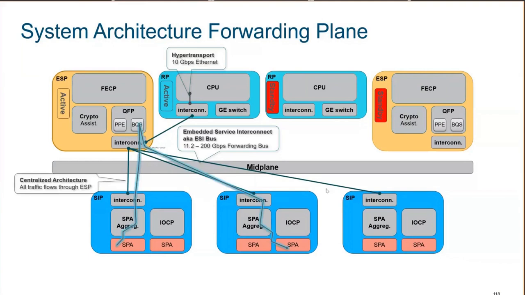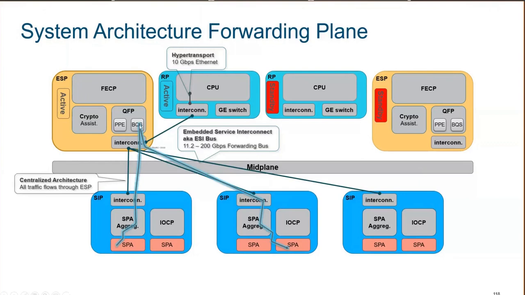Now this is a packet life. It is received on this SPA. The SPA aggregator classifies it either as high or low, and then over the interconnect it will be sent to the QFP or the ESP, where on the ESP it will be sent to the PPE for further processing. Once the PPE processes it, it will be sent to the BQS for queuing and scheduling.